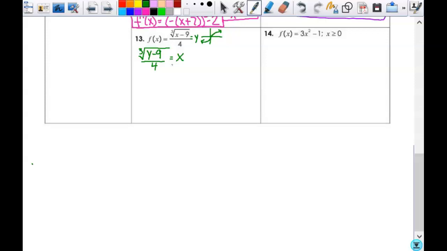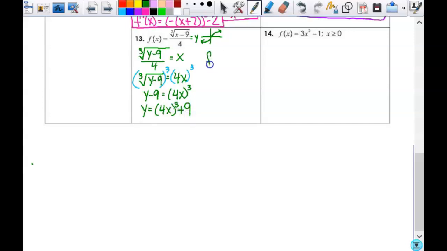So I'm going to multiply both sides by 4, so I get the cube root of y minus 9 is equal to 4x. Got to get rid of the cube root, so I'm going to cube both sides. So when I do that, I end up with y minus 9 is equal to 4x cubed. Then I add 9, so y equals 4x cubed plus 9.